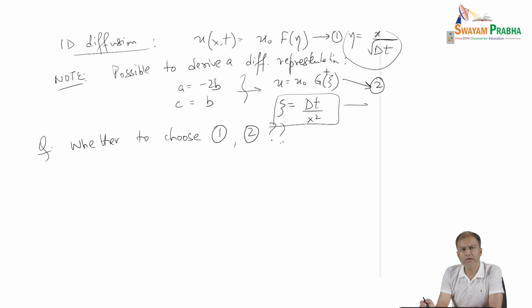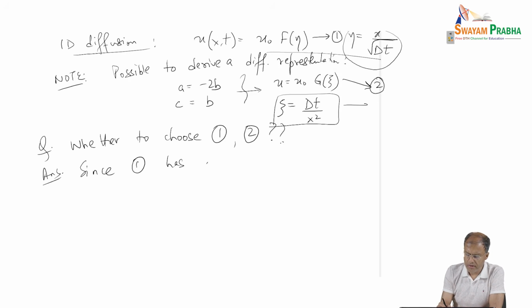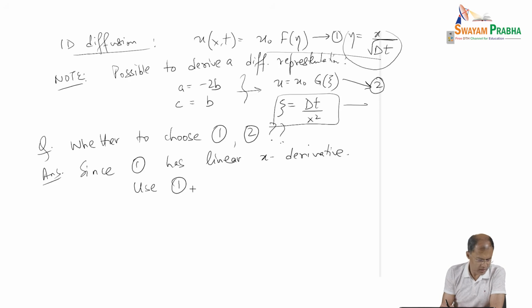So uxx will be relatively easy to evaluate if we use form 1. So the answer to this question lies in the fact that since form 1 has a linear x derivative, we use form 1.